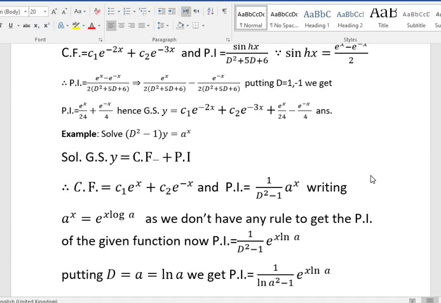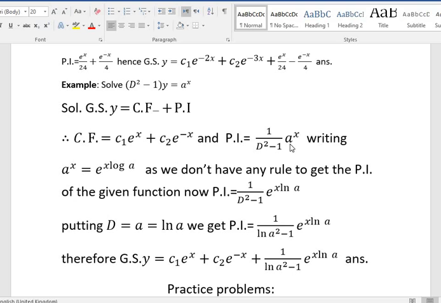We do not know how to write the particular integral of this, because we studied only the case where f(x) is given as e^(ax), but here a^x is given.